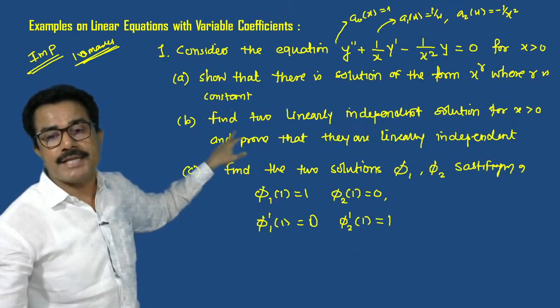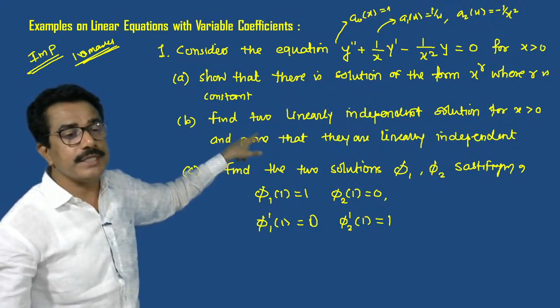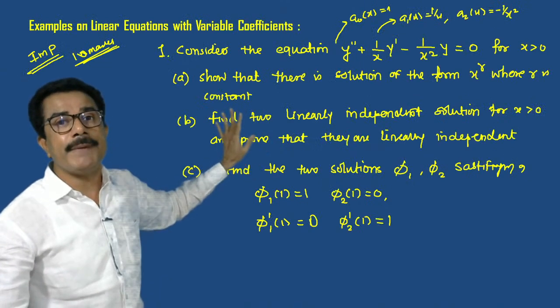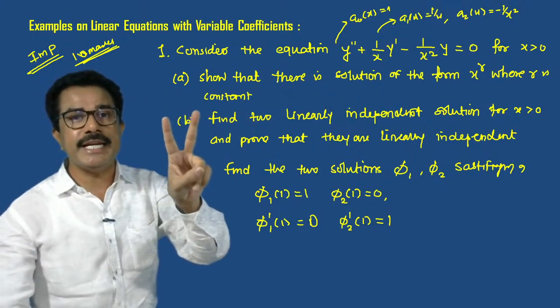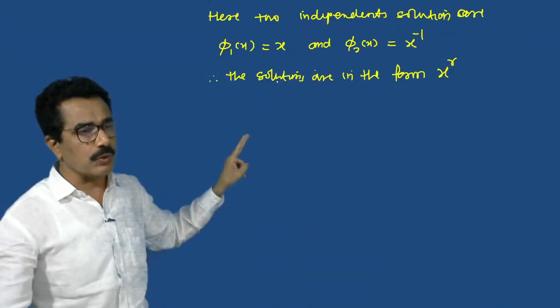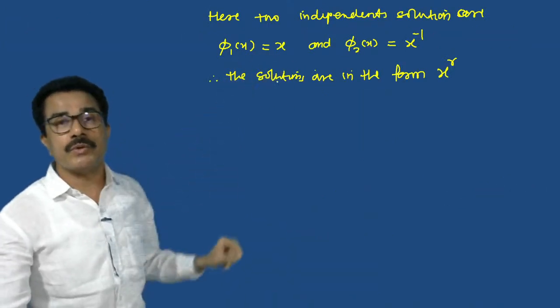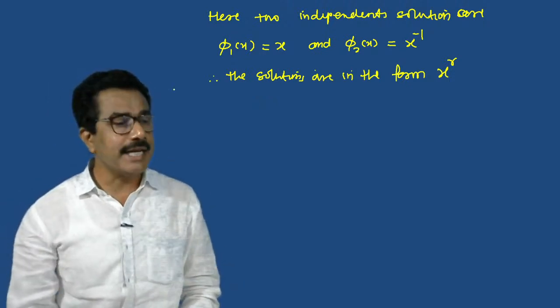Now what do we have to do? The second part: we have to prove that they are linearly independent. We have two solutions, phi1 and phi2, but we have to prove both are linearly independent.